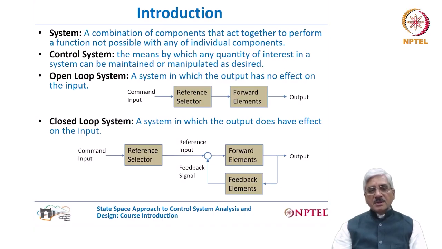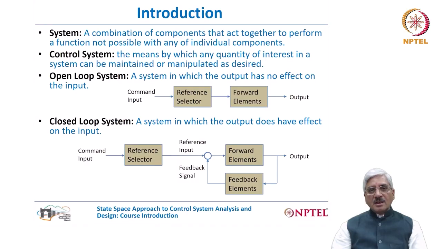Generally, a system is an interconnection of several subsystems, and each of the subsystems is again a combination of several individual components, and not only the components of one kind but components of different kinds.